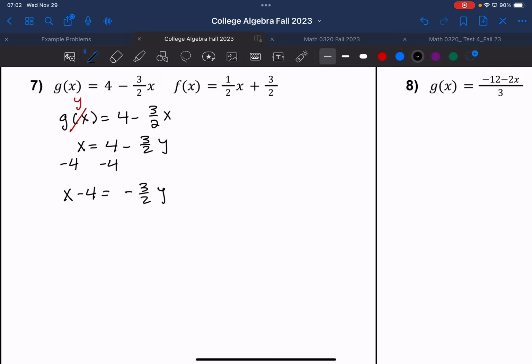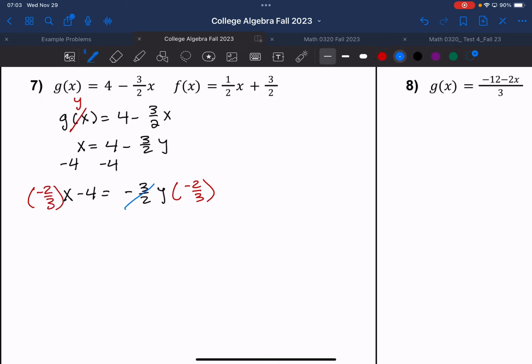So I'm going to multiply both parts, let me change that color here, by negative 2/3. Because if you were to multiply that across, that would become negative 3 times negative 2, which is 6, over 2 times 3, which is 6. 6 divided by 6 is 1. So it cancels out. So we're going to do that on both sides.